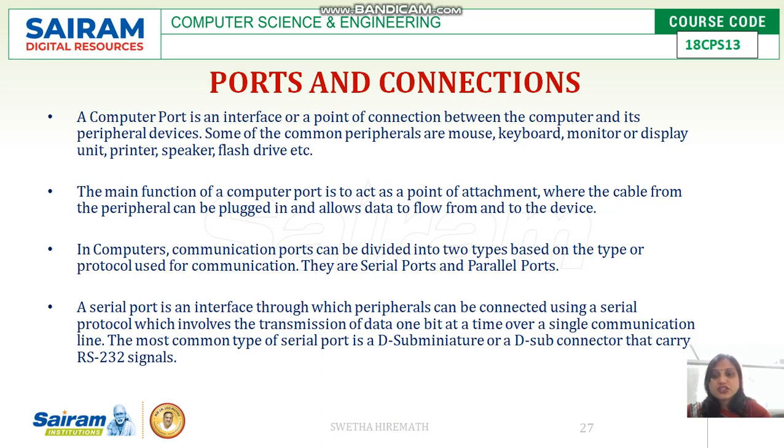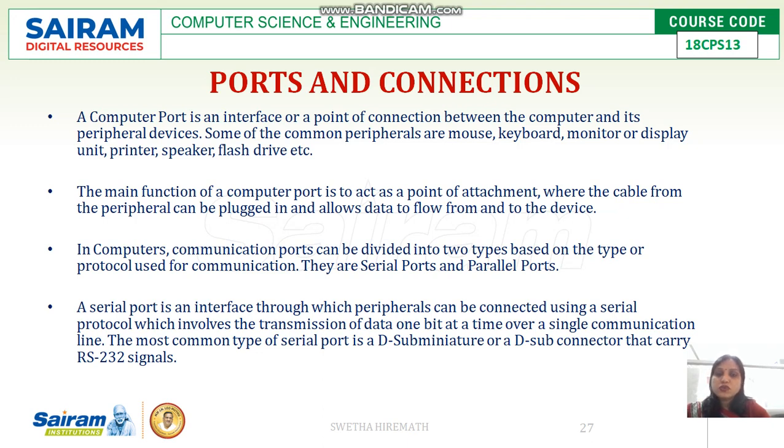A serial port transfers the data one bit at a time, whereas with a parallel port we can transfer 8 bits at a time or 16 bits, depending upon the capacity of the CPU. So more bits can be transferred in parallel in a parallel port, whereas only a single bit of data can be transferred using the serial port.